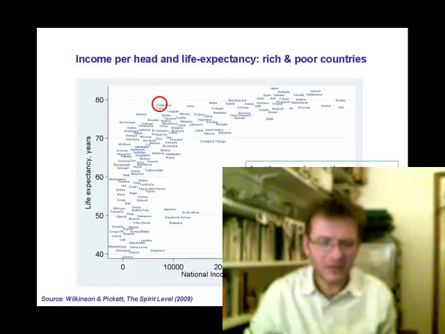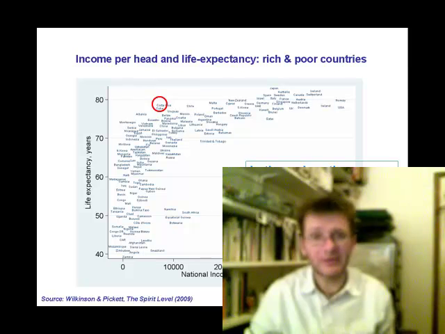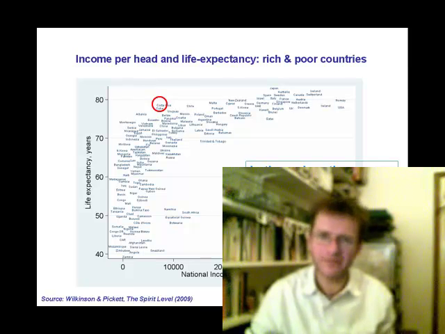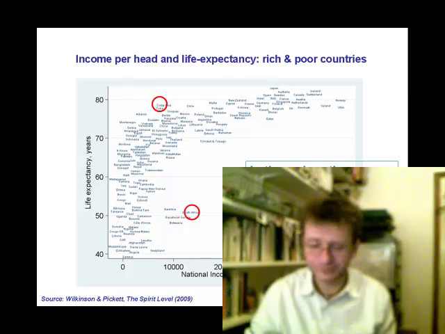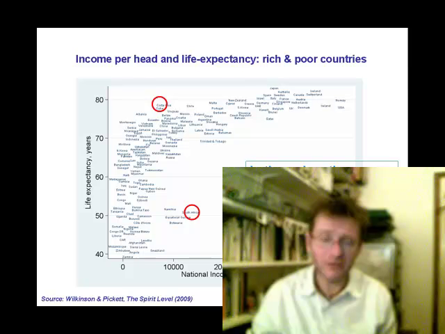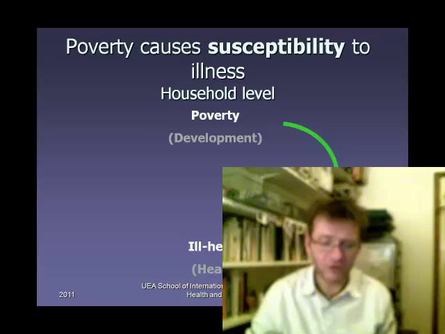And in particular, we're going to use the concepts of susceptibility and vulnerability to look in much more detail why the relationship between income per person and life expectancy isn't always an obvious one, and why there are many other factors operating that influence the health of populations. I use the examples of South Africa and Costa Rica here just to remind us about how different factors operate to influence health, not just income alone.